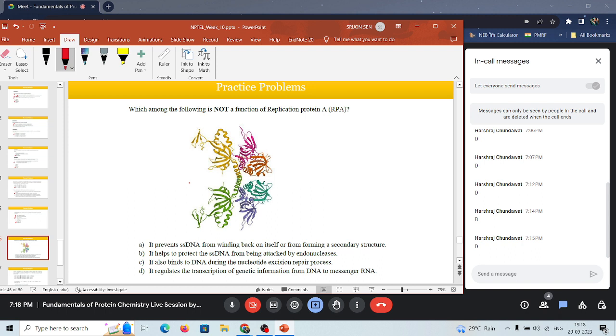So this replication protein A is a major protein that binds to single-stranded DNA in your eukaryotic cells.